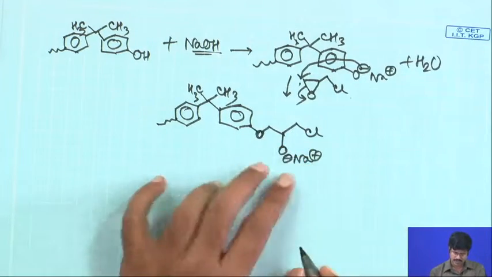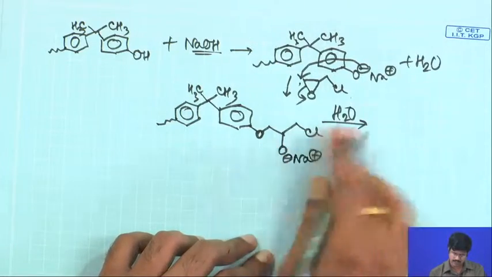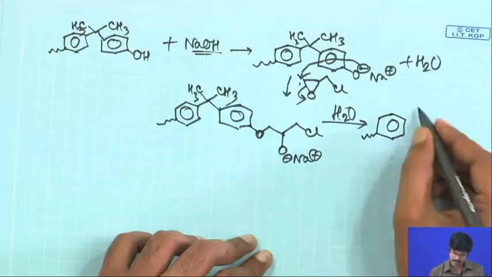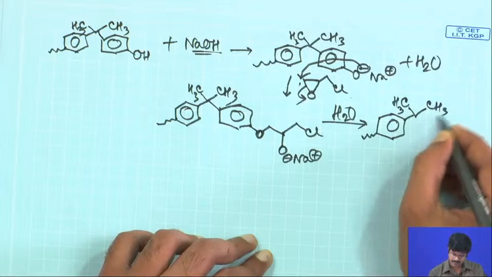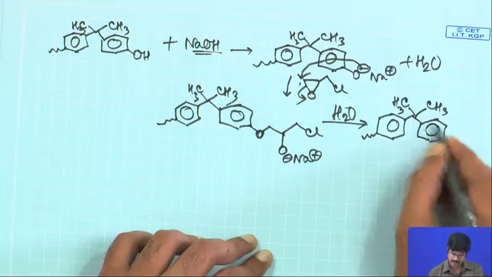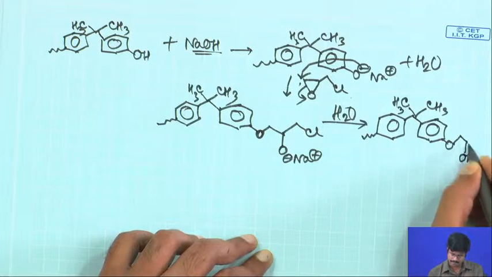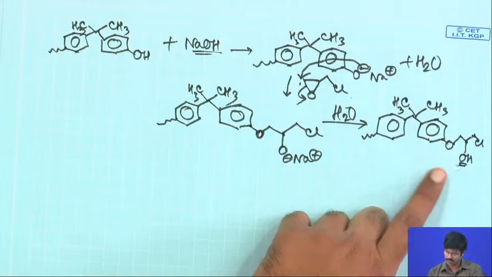And if this is protonated by water, what you will get is basically the secondary hydroxyl unit. This is how the secondary hydroxyl unit will be generated.